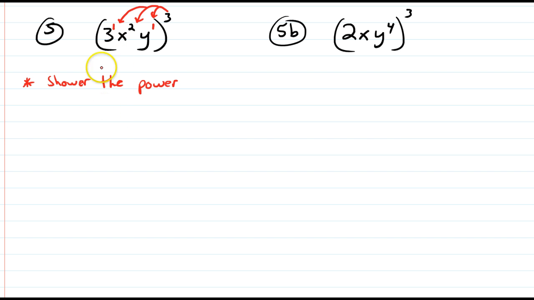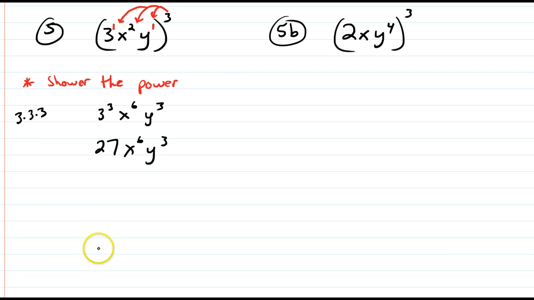Now this becomes 3, 1 times 3 is 3, so we have 3 cubed, x to the 6th, y to the 3rd. Now you need to simplify 3 cubed, which just means 3 times 3 times 3, which is 27, x to the 6, y to the third. And so now try 5b.